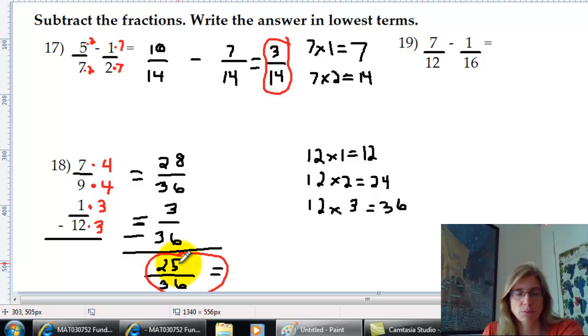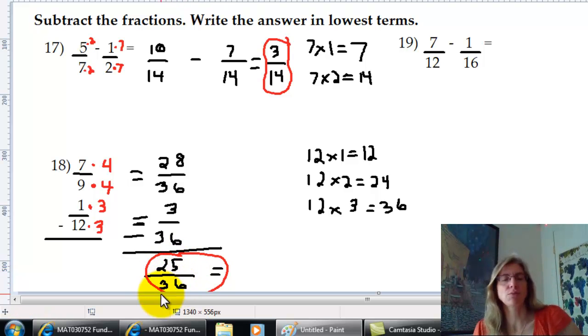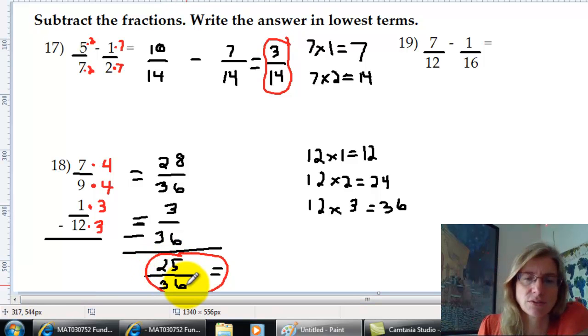So 25 is not divisible by 3. 36 is, but 25 is not. 25 is not divisible by 2, but 36 is. 25 is not divisible by 4. 36 is. 25 is divisible by 5, but 36 is not. 25 is not divisible by 6. 36 is. 25 and 36 are not divisible by 7. 25 and 36 are not divisible by 8. 25 is not divisible by 9. 36 is. So that's how we realize that this is reduced.